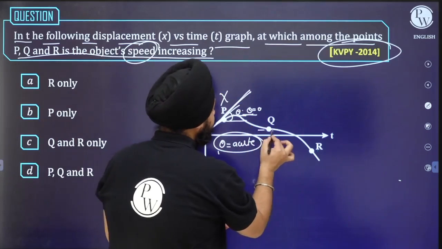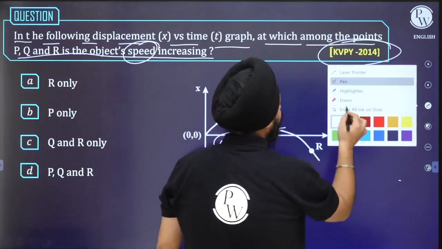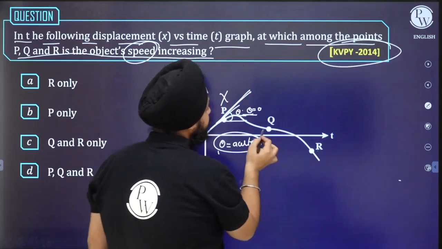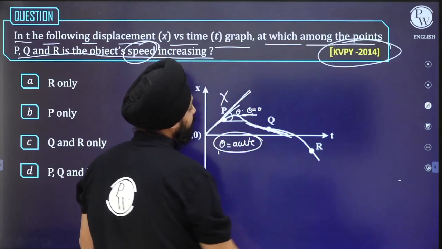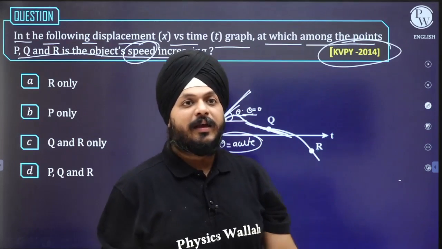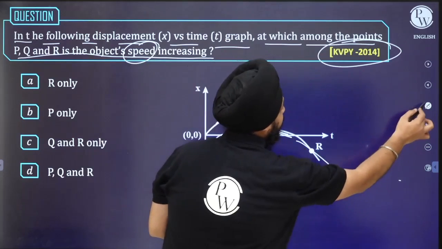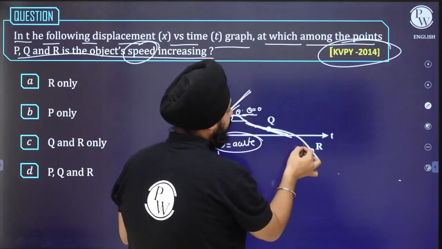At Q, if we draw the tangent, see it specifically. Q and R. If I talk about point R, I'm drawing the tangent at point R. What will happen?